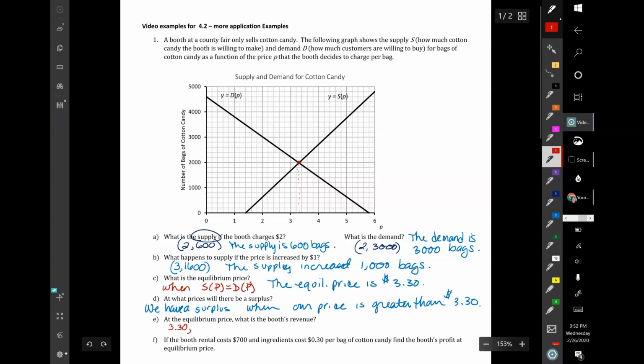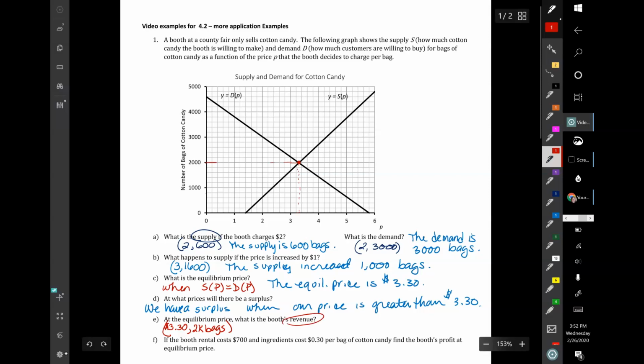We know that given that price, our demand and our supply are both the same, and I'm just going to estimate over here, I don't know if it's exactly, but pretty close to 2,000 bags. So I'm going to put units in here just so we can track what we're doing. So we have at $3.30, 2,000 bags.